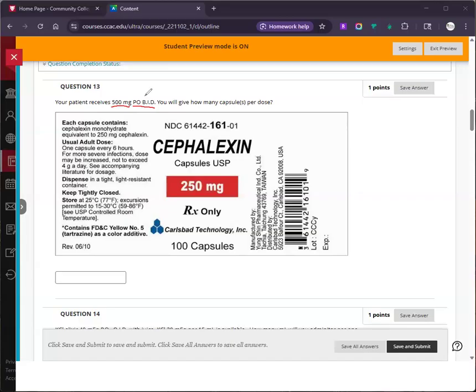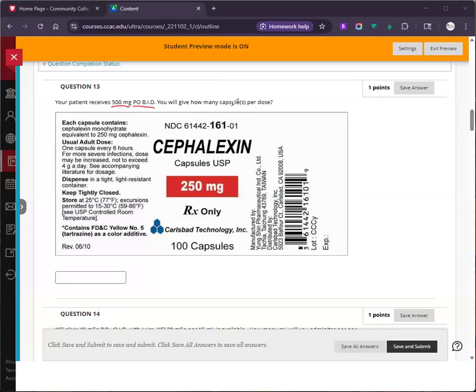And BID means twice a day, so 2 times a day. Another way of writing that would be Q12H, which stands for every 12 hours. This is a typical antibiotic where you take one in the morning, one in the evening, one with breakfast, one with dinner, however you're splitting that up.